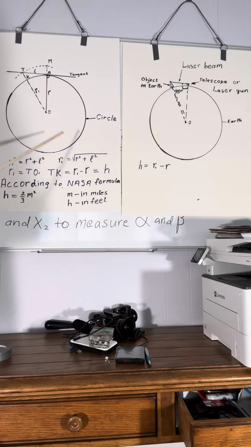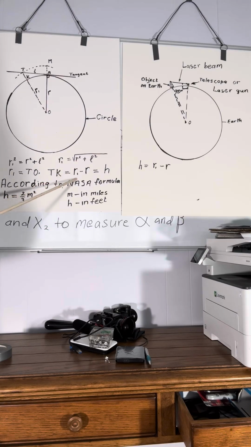Now, that means R1 is TO, and TK is the difference, the length that is long. R1 is longer than R by TK. That's what I mean here.